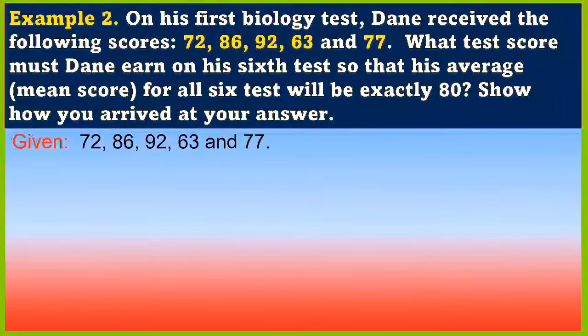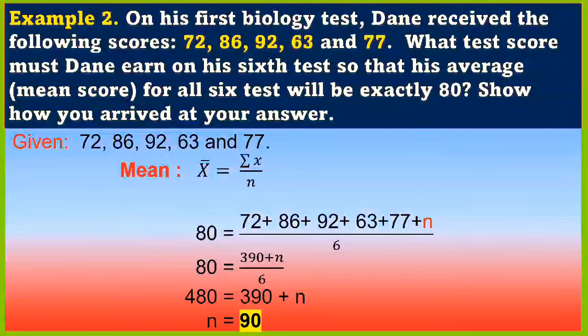By applying the formula, summation of x over n, substitute mean, and that is 80 equals 72 plus 86 plus 92 plus 63 plus 77 plus n. Take note that we can use any variable for the unknown. In this problem, I use n for the unknown data, all over 6.